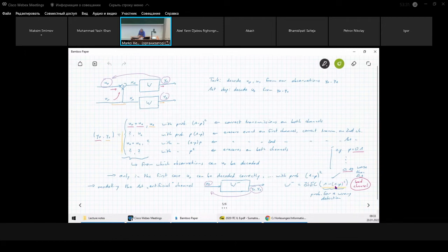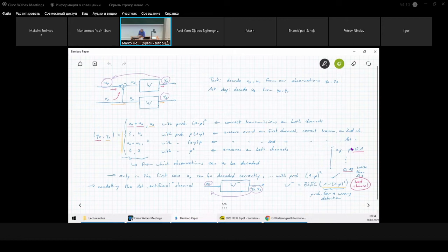So this is again the probability that we can get U0 correctly, and 1 minus this probability will be the probability that things go wrong. So we model this first decoding or this first transmission step as a new channel where we have the outputs y0 and y1, and from those, we try to estimate U0. With probability (1 minus p) squared, this will be possible, and 1 minus this probability will not be possible.